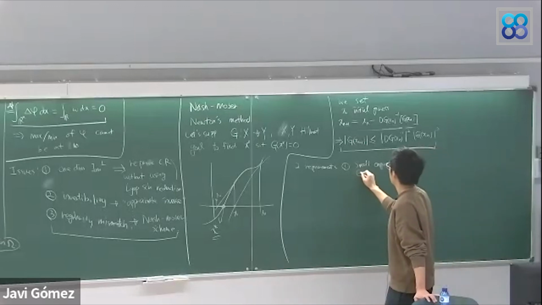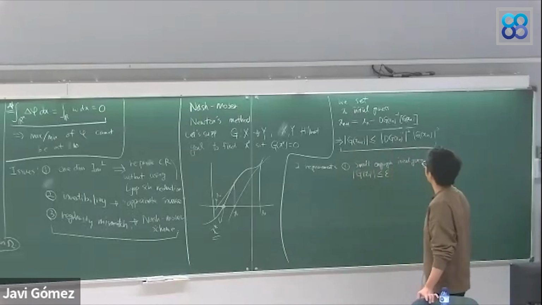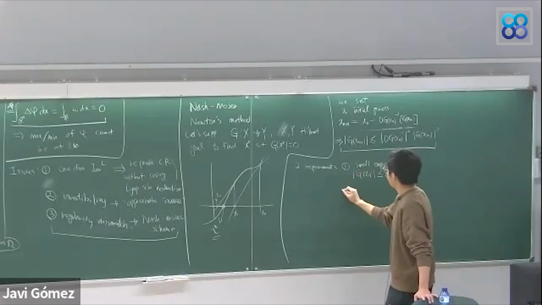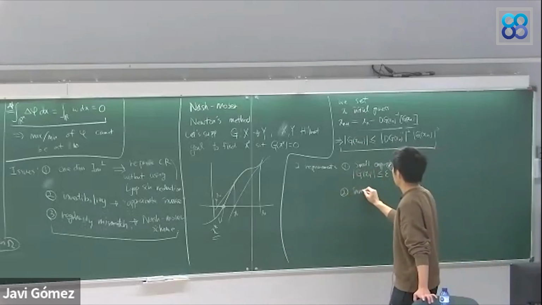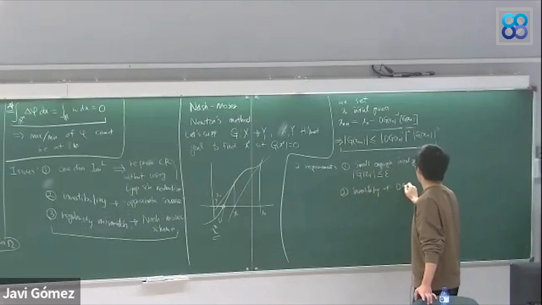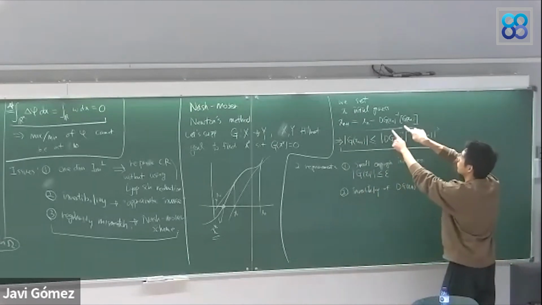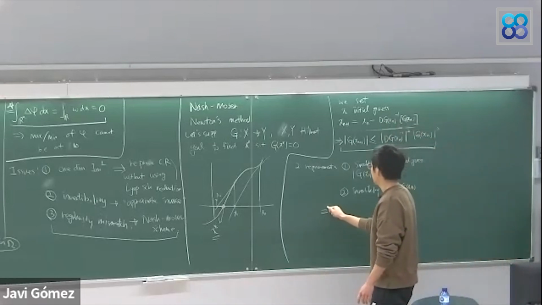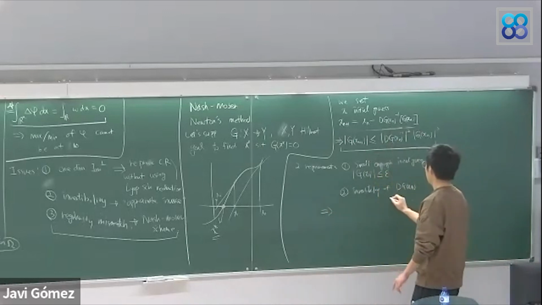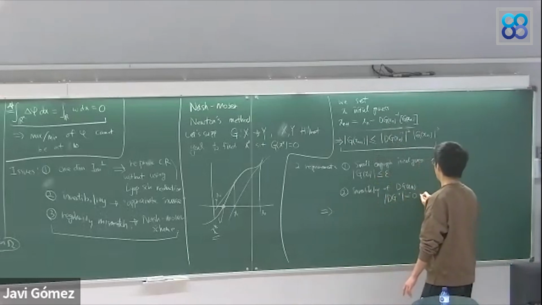Namely, let's suppose your initial guess is bounded by epsilon. And second is the invertibility of the operator, because we have to consider the inverse of dg. So let's suppose the dg inverse, its size is of order 1.